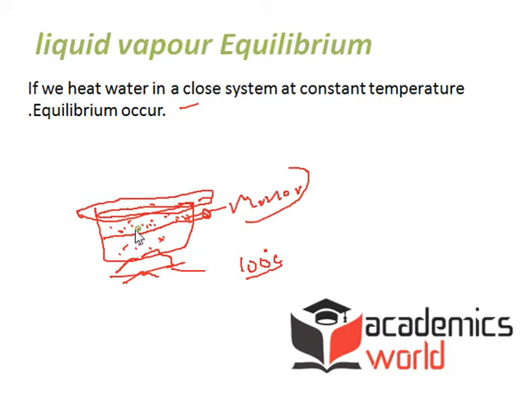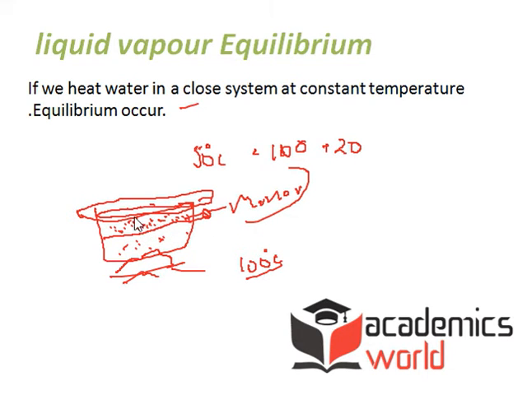And suppose here is the amount of 100 molecules of water at 50 degrees Celsius, and these molecules that are now in vapor are 20 molecules.